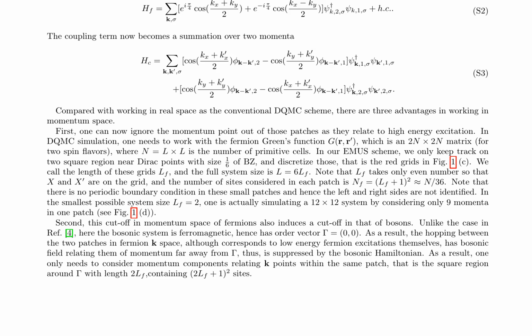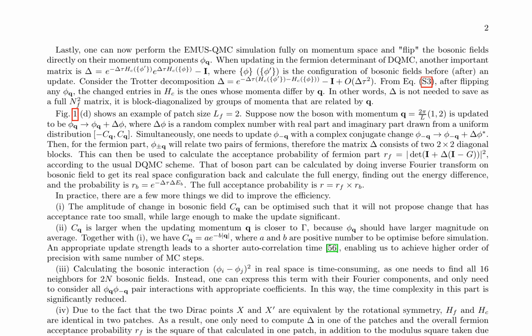Lastly, calculating the bosonic interaction, (φ_i − φ_j) squared, in real space is time-consuming, so it was expressed with their Fourier components, and only φ_q pair interactions with appropriate coefficients were considered. This significantly reduced the time complexity in this part. The rest of the simulation follows the usual DQMC scheme.